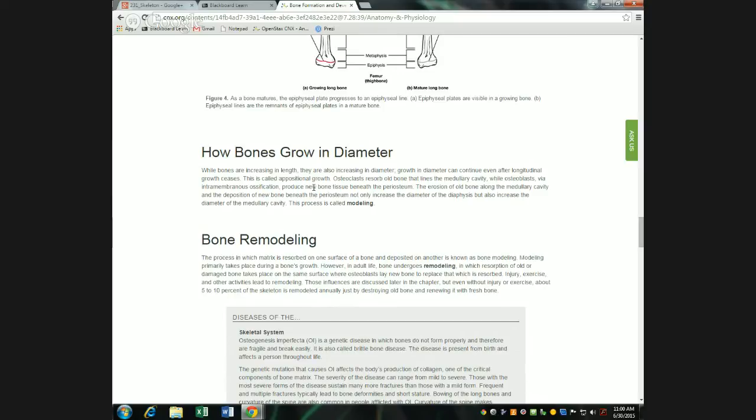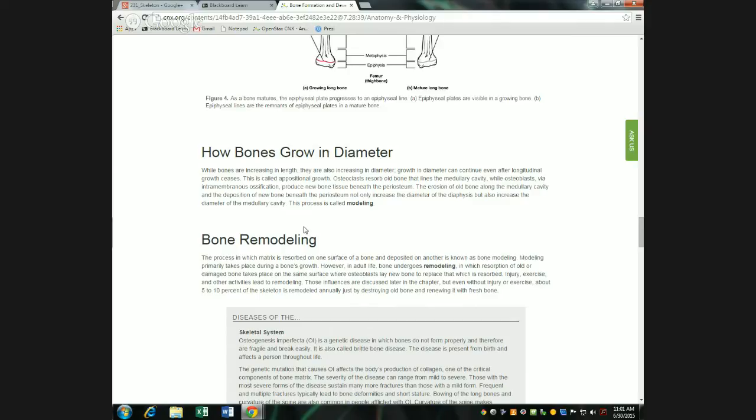Certainly, small bones get bigger through the process I'm about to show you, but the process continues on throughout life. And so really these two things aren't separate. It's just early growth of the bone in that sense. It's how the bone gets bigger, wider, thicker, whatever you want to say.